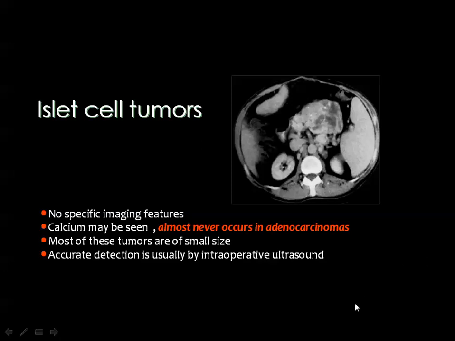It is stated in the literature that if you see a mass in the region of the pancreas and you detect calcium inside this mass, then you should think of islet cell tumor, because adenocarcinoma of the pancreas almost never shows calcification. This is not a 100% diagnostic sure sign, but it may help you to predict the nature of this tumor.